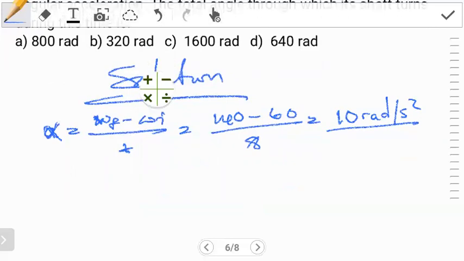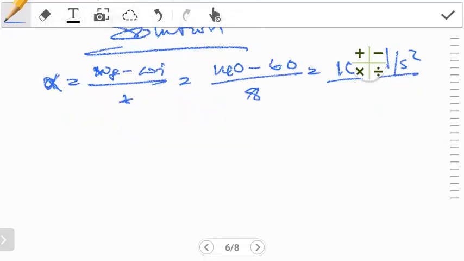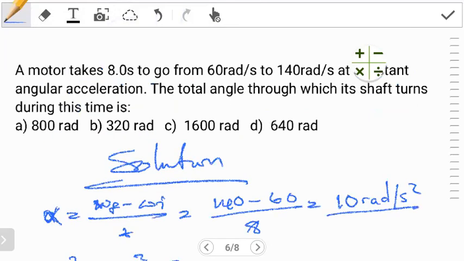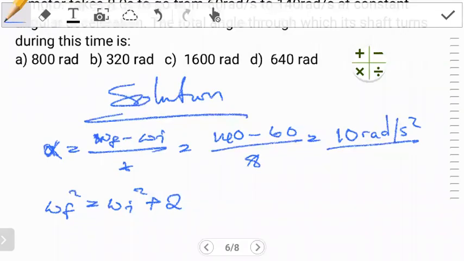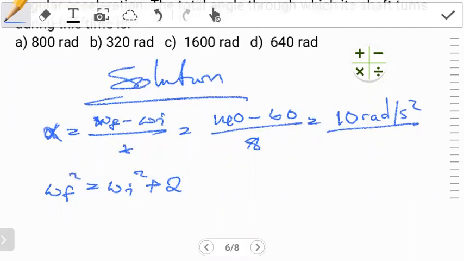This time we're going to use omega final squared equals omega initial squared plus 2 alpha, but instead of displacement s, remember, for displacement we use theta.